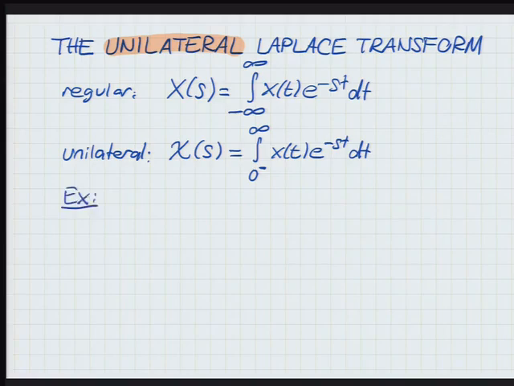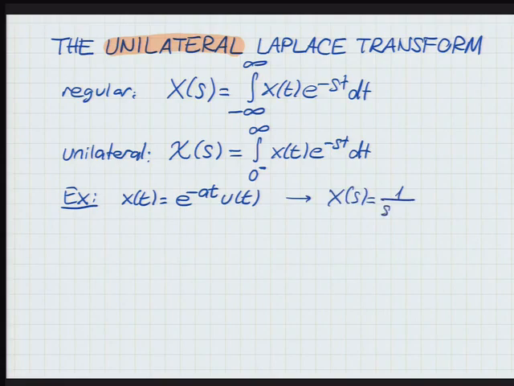Let's say we have x of t equals e to the negative a t u of t. What's the Laplace transform? 1 over s plus a. What is the unilateral Laplace transform? Same, because it's already a right-sided signal. For any signal that starts at 0, obviously there's no difference, right?